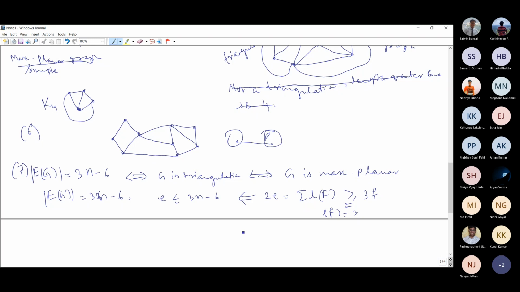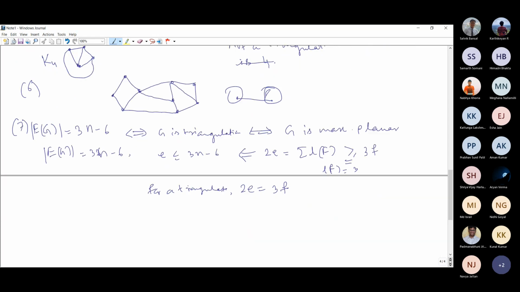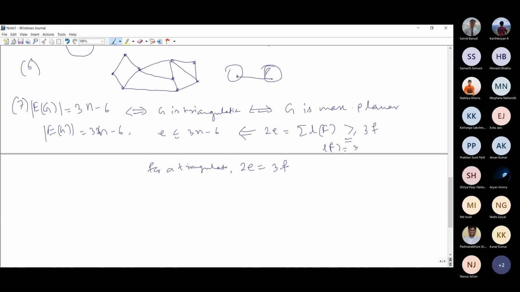Twice E is equal to 3f for a triangulation. Triangulation means the length of every face is equal to 3. And whenever you get this equality, twice E is equal to 3f, then if you proceed in a similar way, you will finally arrive at E is equal to 3n minus 6.